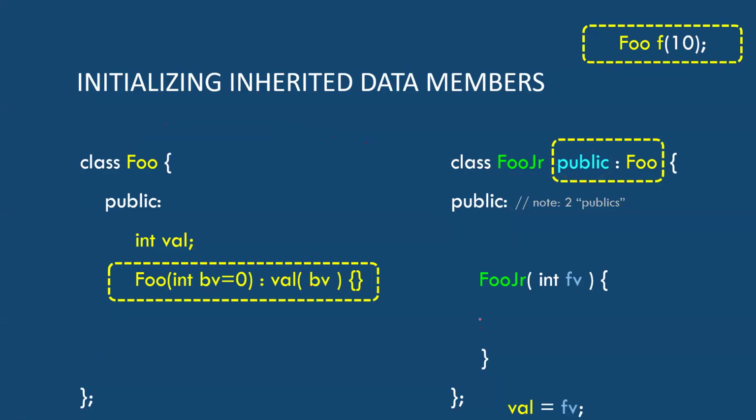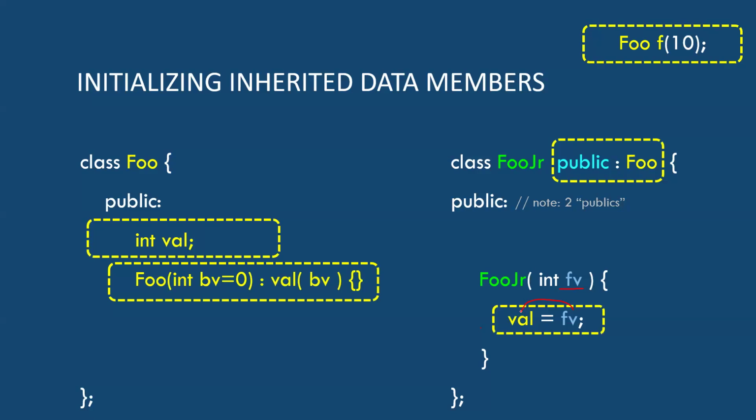So that's my constructor. And I could say, okay, you gave me a FV for FooJunior, and I am going to just shove that into my inherited attribute. And that's okay. It's not wrong, but it's essentially going to only do it in our constructor.